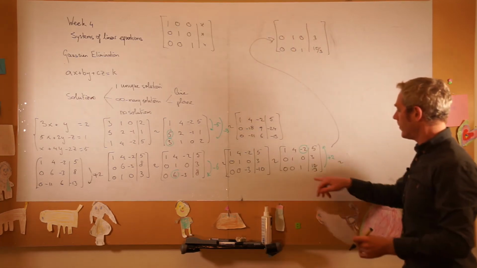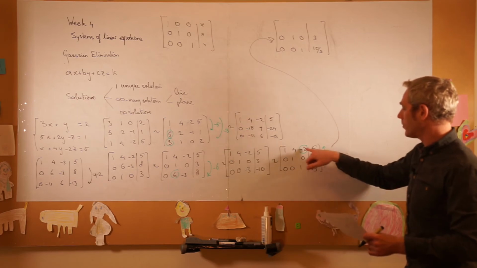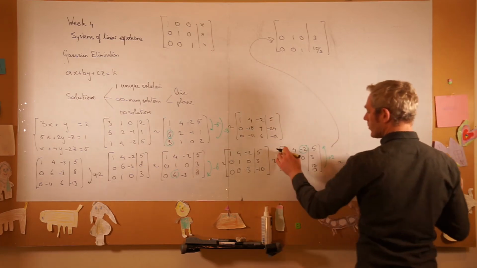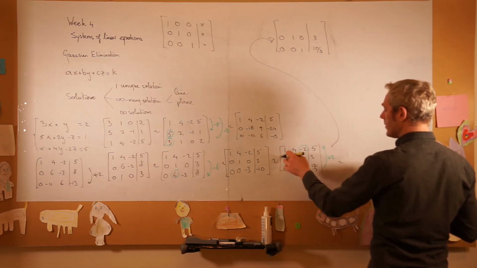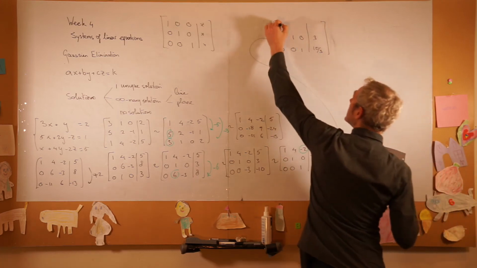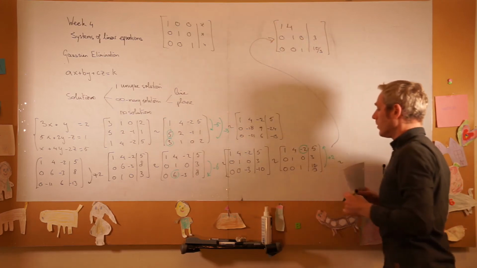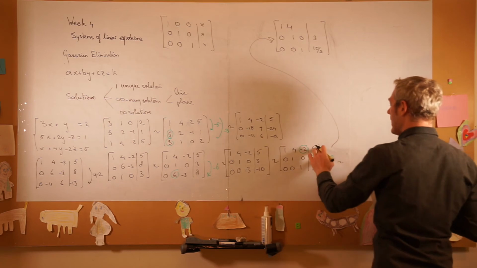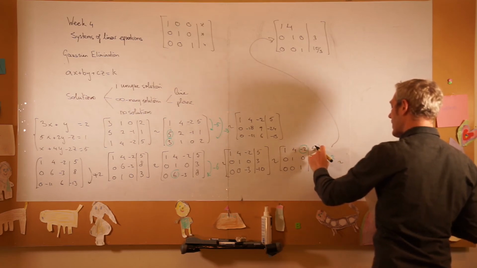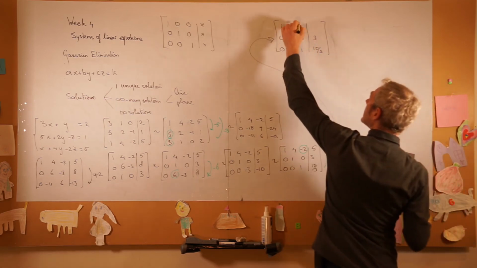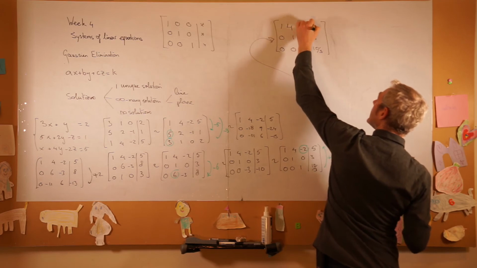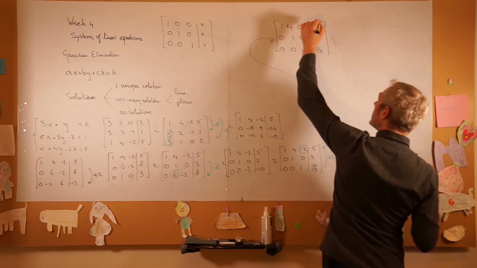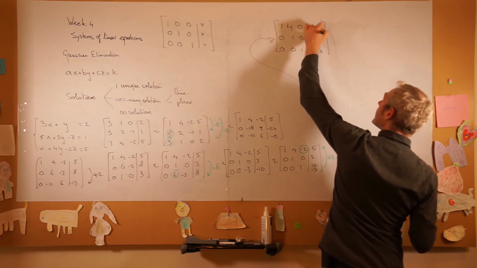Okay, so we add this third row twice to the first one. Well, of course, 1 plus 2 times 0 and 4 plus 2 times 0 still yield 1, 4. And I add 5. So here's my 0, 5 plus 20/3.